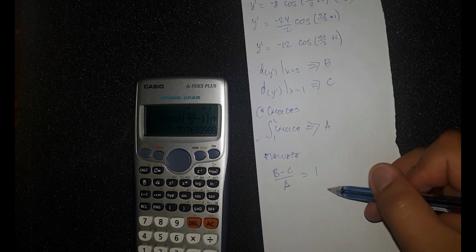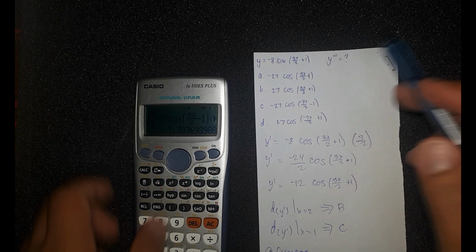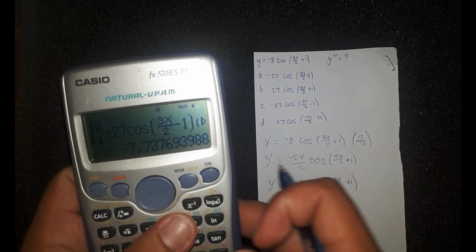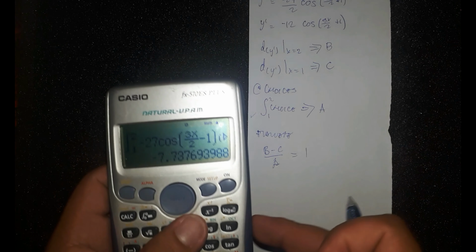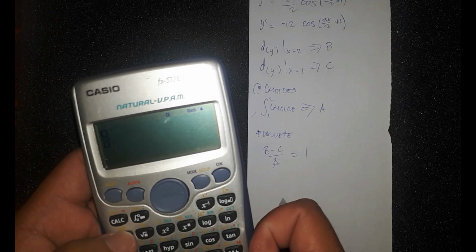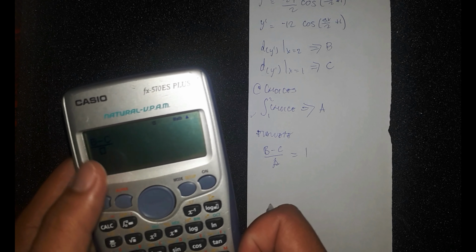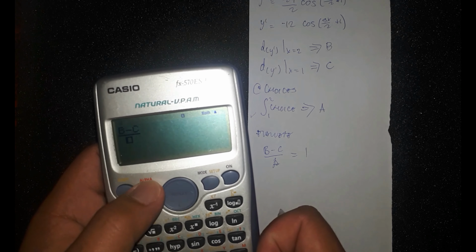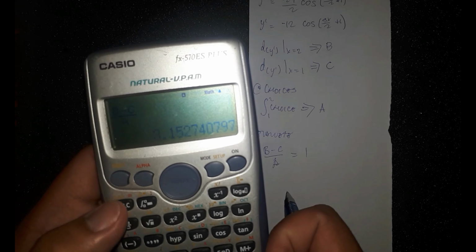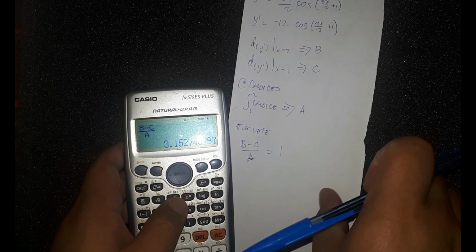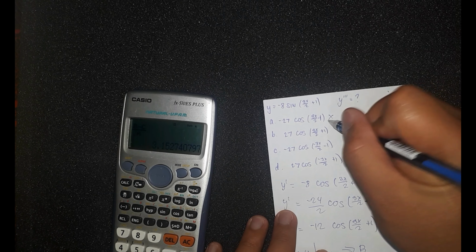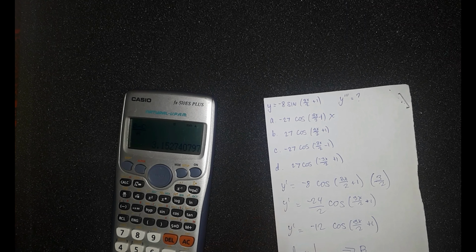So if it is equal to 1, letter A is the correct answer. Alpha B minus alpha C all over alpha A is equal to 3.15. So letter A or choice A is not the answer.